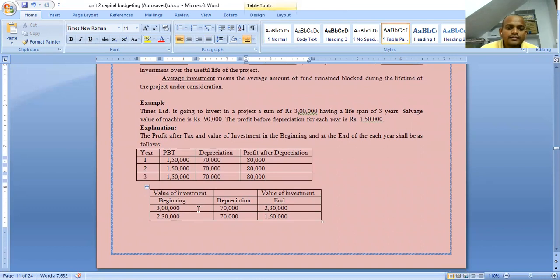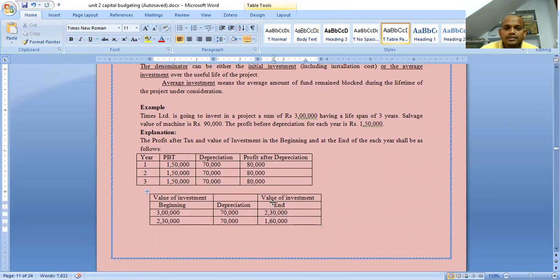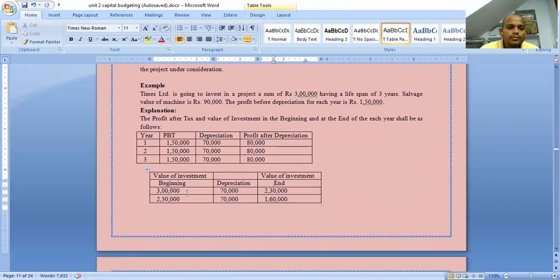See, value of investment in the beginning and at the end. So in the beginning 3 lakhs, we have to deduct the depreciation from the value of investment.